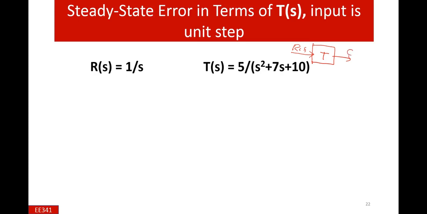If we want to find the error in steady state at time equal to infinity, first we have to find the steady state error in the frequency domain. As already observed, the error signal can be found by taking C as negative and the input here.